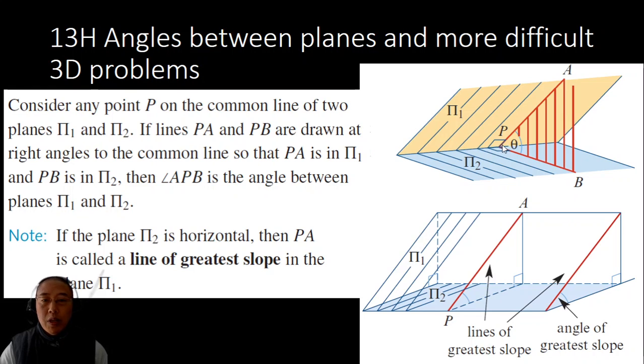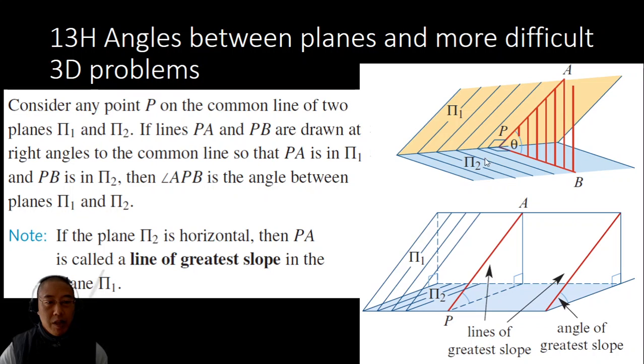P will belong to that common line, and A and B will be respectively on planes pi 1 and pi 2. We want those lines PA to be perpendicular to the common line, and the same for PB. And we annotate the angle theta, the angle between PA and PB.